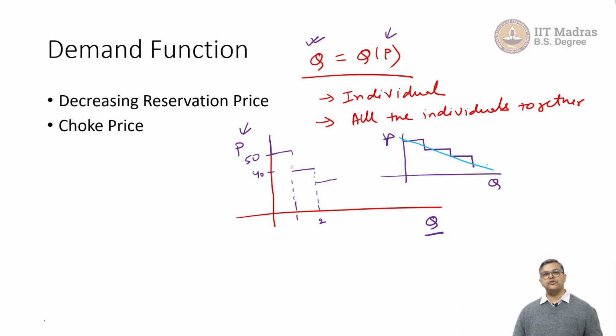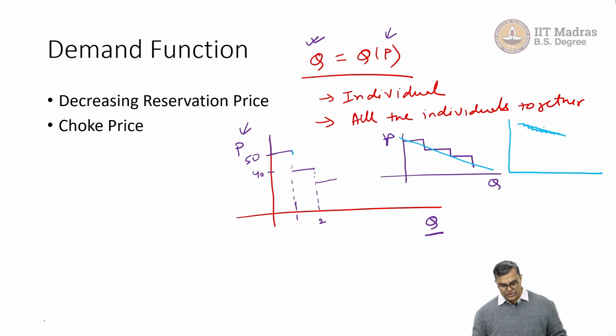This is not a very good approximation, but let us say the jumps are, rather than from 50 to 40, from 50 to 41. Then you will have smaller steps, and here a straight line will make much more sense.